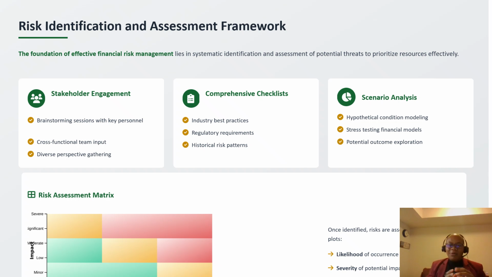Therefore, having looked at these very critical risks that organizations face, it becomes important to remind ourselves again about how they can be expertly managed.